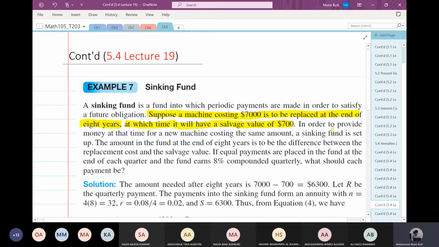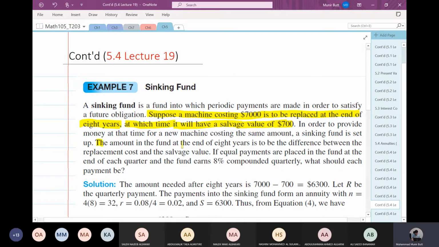Okay, so in order to provide money at that time for the new machine costing the same amount, a sinking fund is set up. We want that after 8 years, when we replace that machine, we have some fund, and we call that fund the sinking fund.